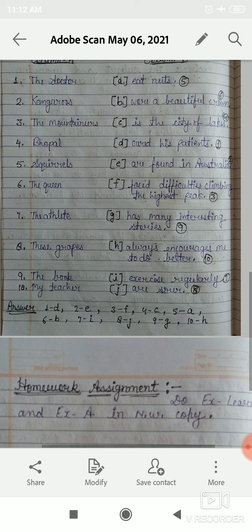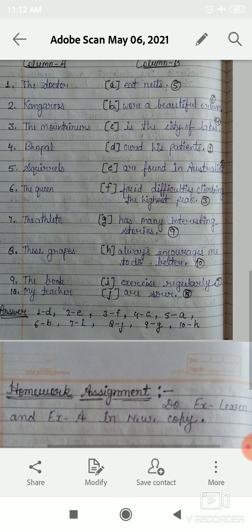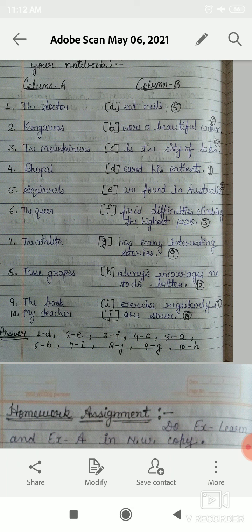Now next number 6. Number 6 is the queen. Okay, so students, tell me which option will match with number 6. Here option number B. Option number B will match with number 6. The queen wore a beautiful crown.